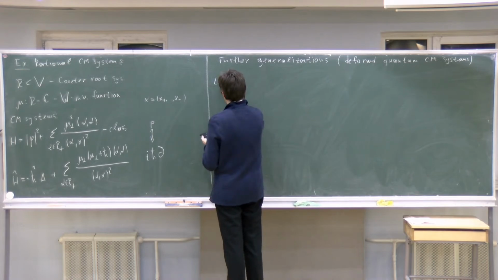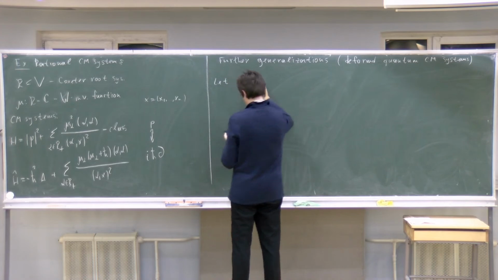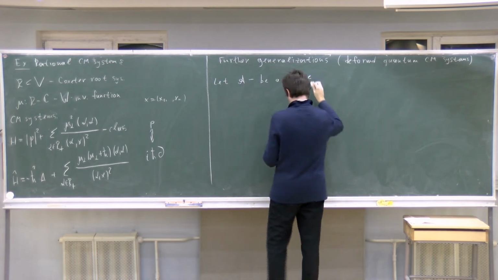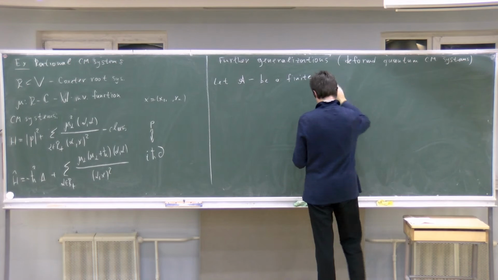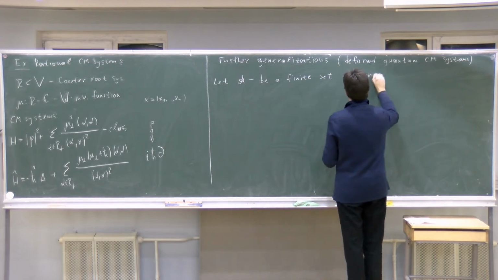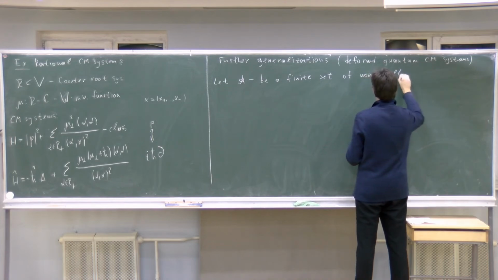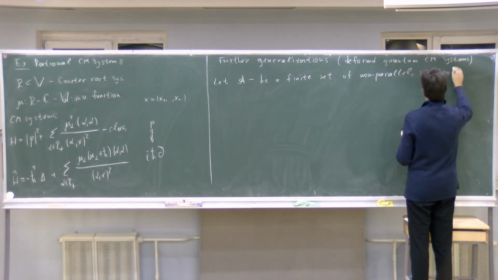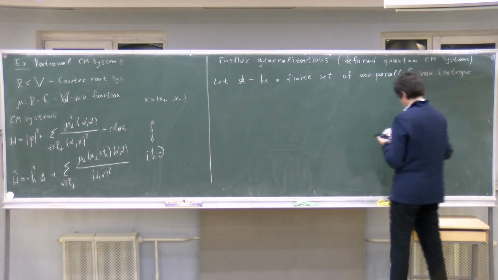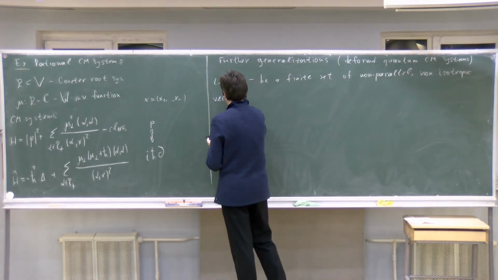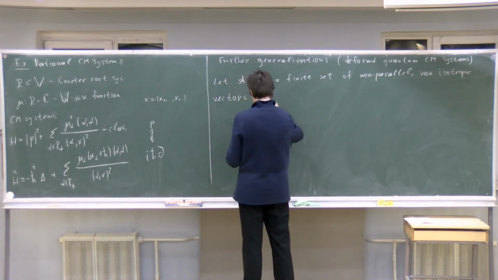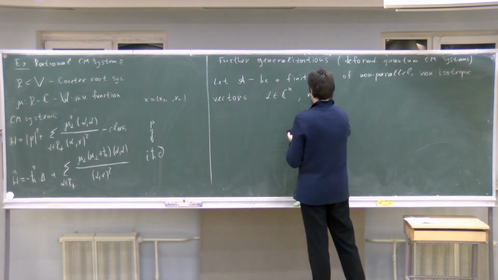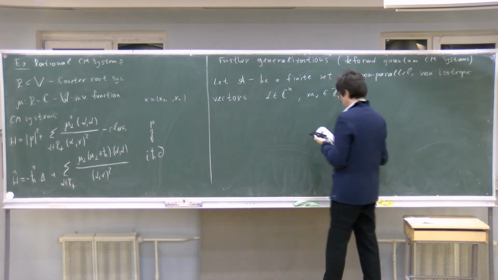Now let A be a finite set of non-parallel, non-isotropic vectors alpha in C^n, and m alpha a set of non-negative integers.